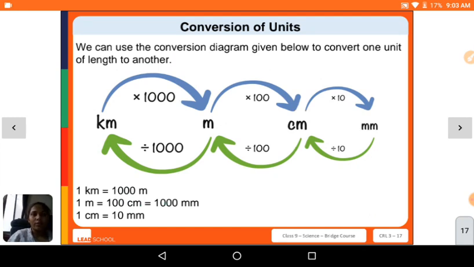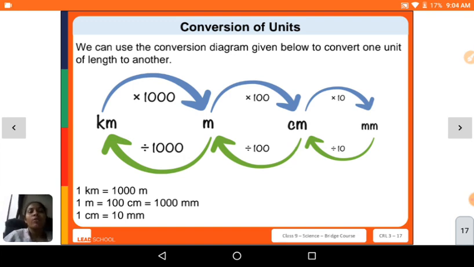Conversion of unit. We can use the conversion diagram given below to convert one unit to another unit. So 1 kilometer is equal to 1000 meter. Then 1 meter is equal to 100 centimeter, and 1 centimeter is equal to 10 mm. How can we do it?